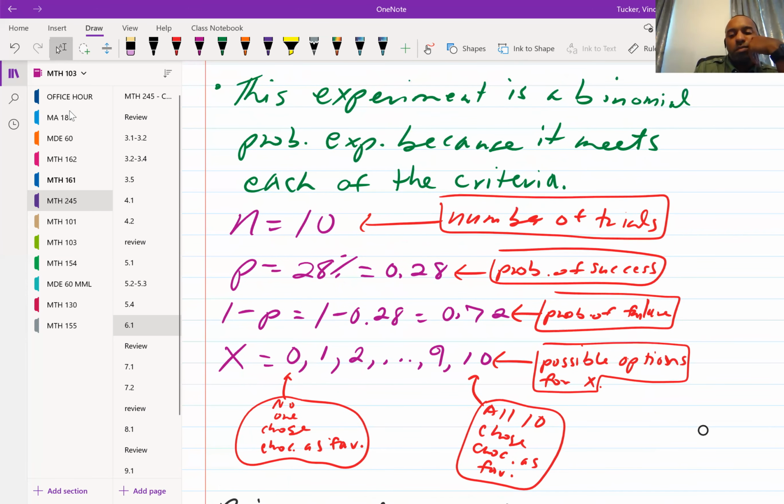So the last new type of thing they're going to introduce in this section is the binomial probability distribution function. The probability of X: you're talking about these, the probability of these occurring is what we'll plug in for X. In other words, the probability that if you chose 10 people, 9 of them would have chosen chocolate as their favorite. That's what we're going to put in here.